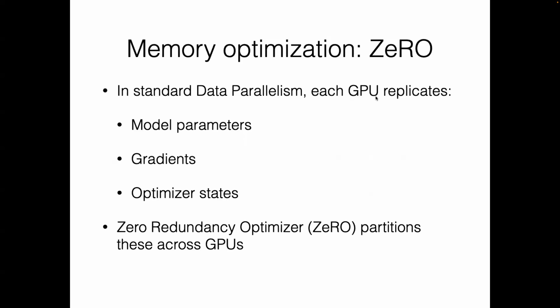So this strategy is called zero redundancy optimizer, or ZeRO. In PyTorch, one setting of it is called fully sharded data parallel. Basically, it tries to remove these redundancies by partitioning the parameters, the gradients, and the optimizer states across multiple GPUs.